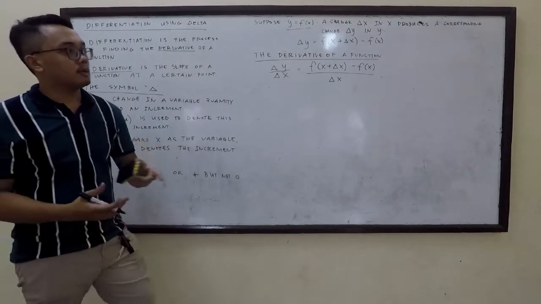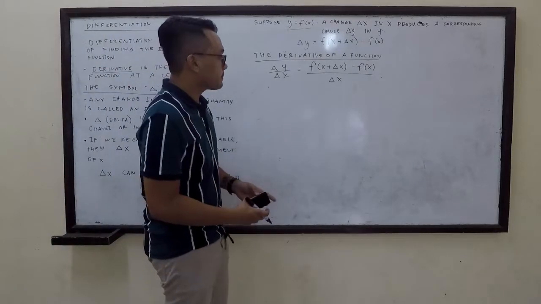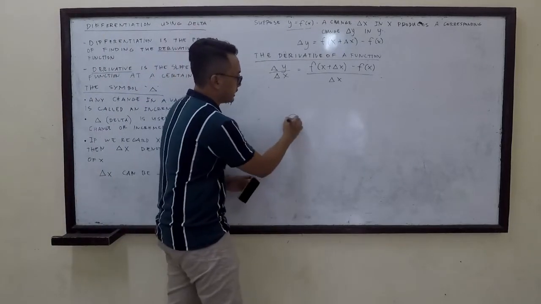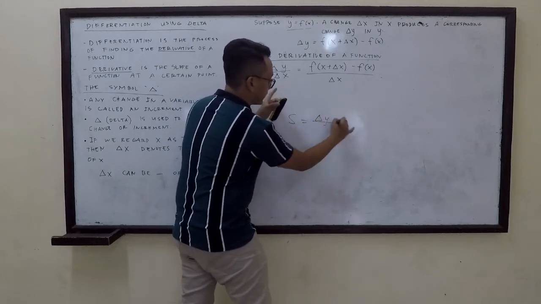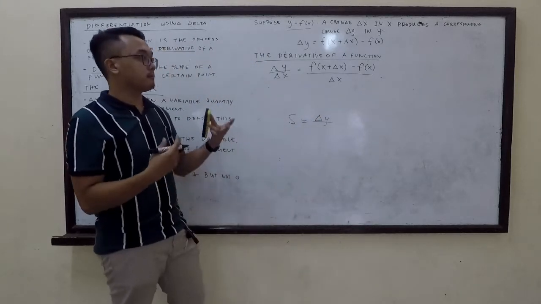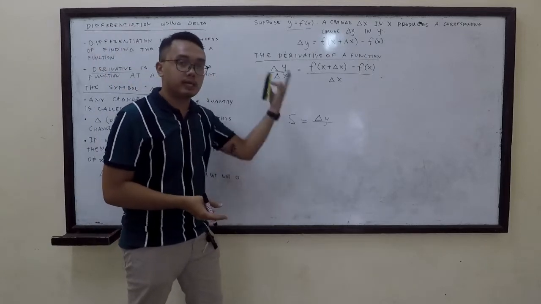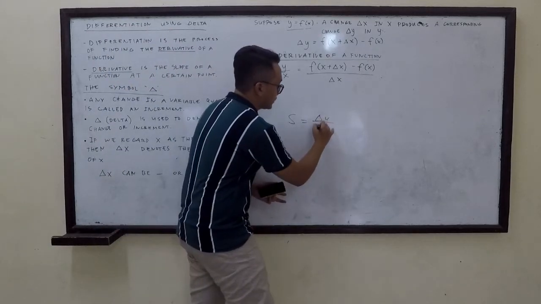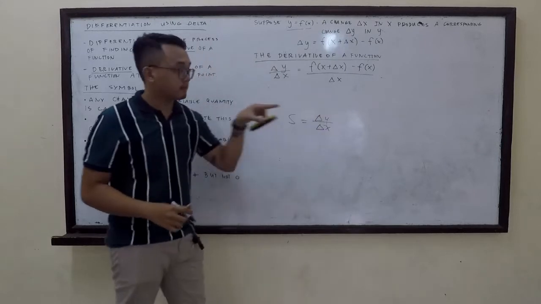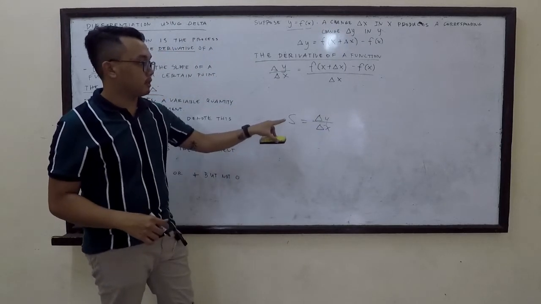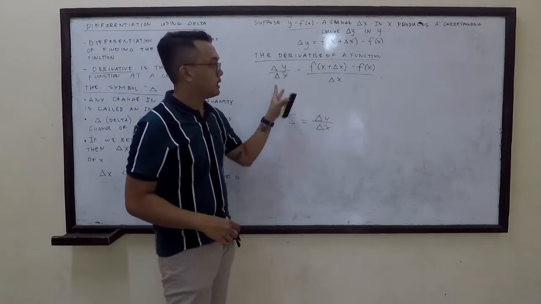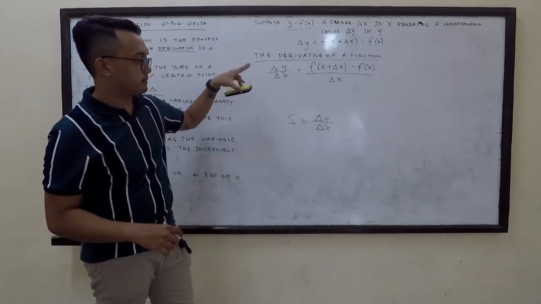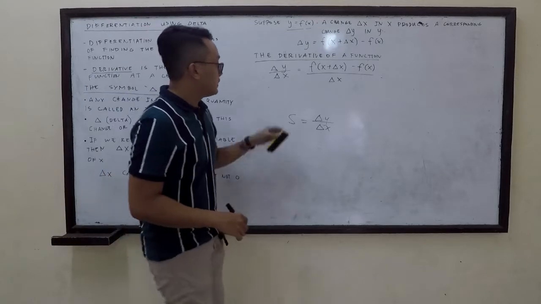Okay, so as I wrote earlier, we found out that s, or the slope, is nothing but delta y, or the change in y, which we consider as the rise, and the change in x is the run. So this is the formula for finding the slope of any straight line between two points. Okay?